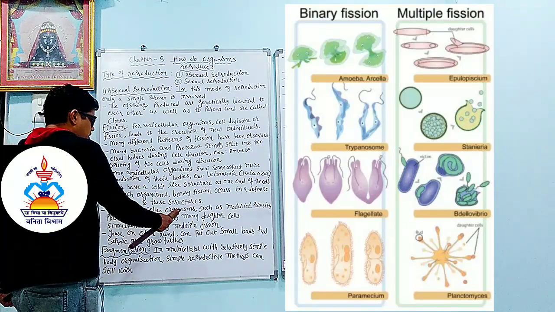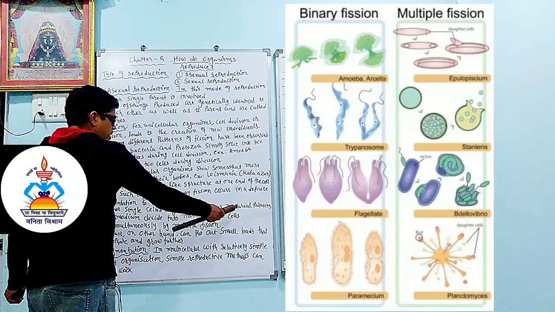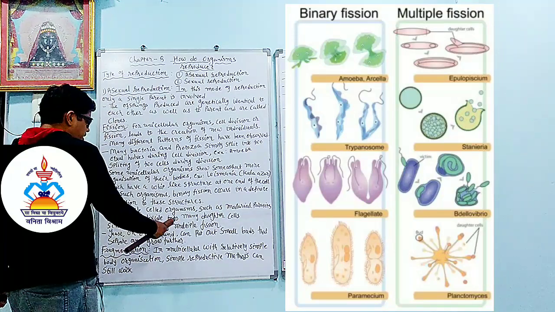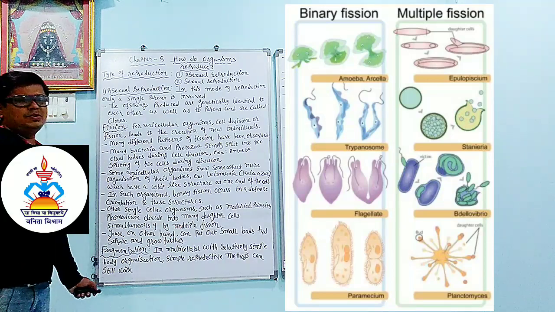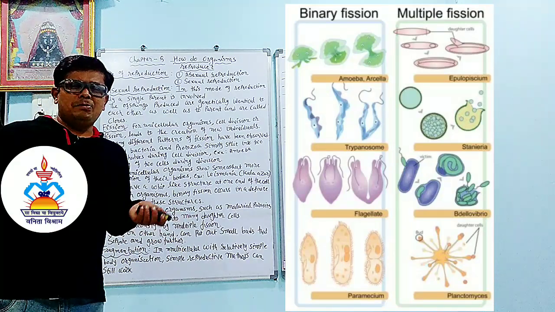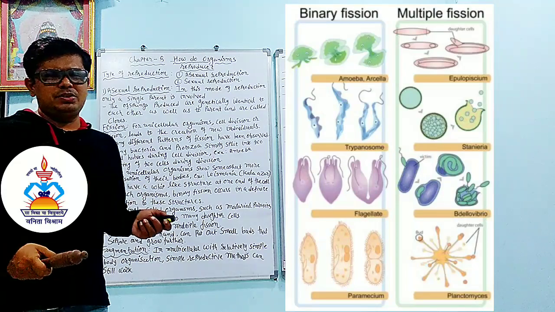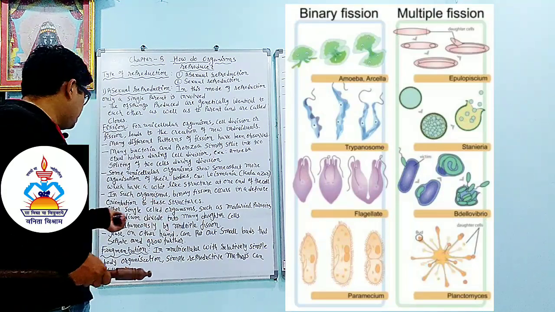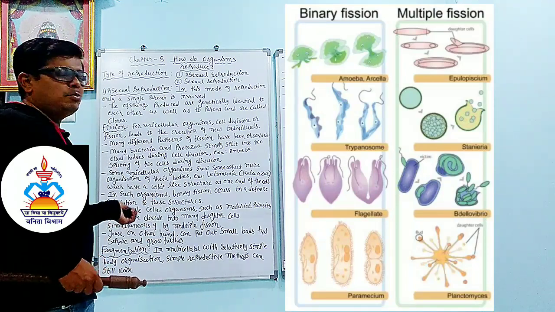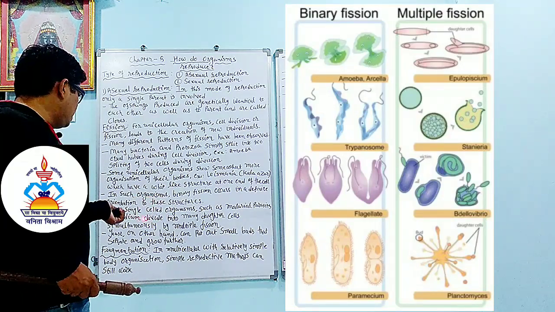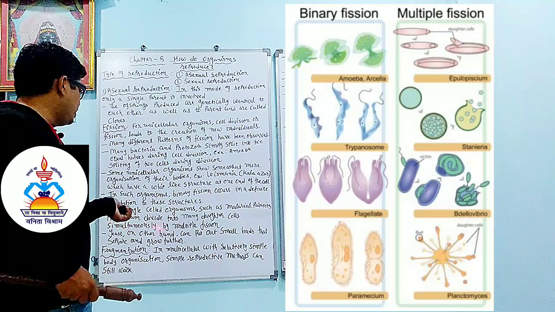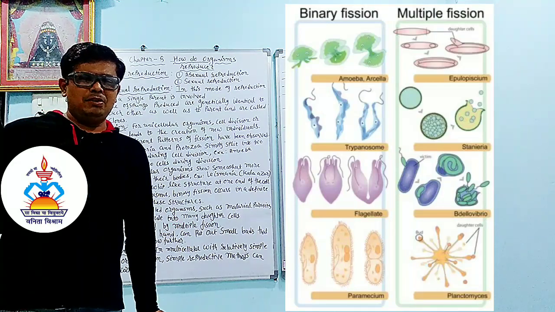Other single-cell organisms such as the malarial parasite, Plasmodium, divide into many daughter cells simultaneously by multiple fission. So in the amoeba case, binary fission occurs and from one cell two daughter cells are obtained. But in the case of Plasmodium, which is responsible for malaria, one cell divides into many daughter cells simultaneously by multiple fission.